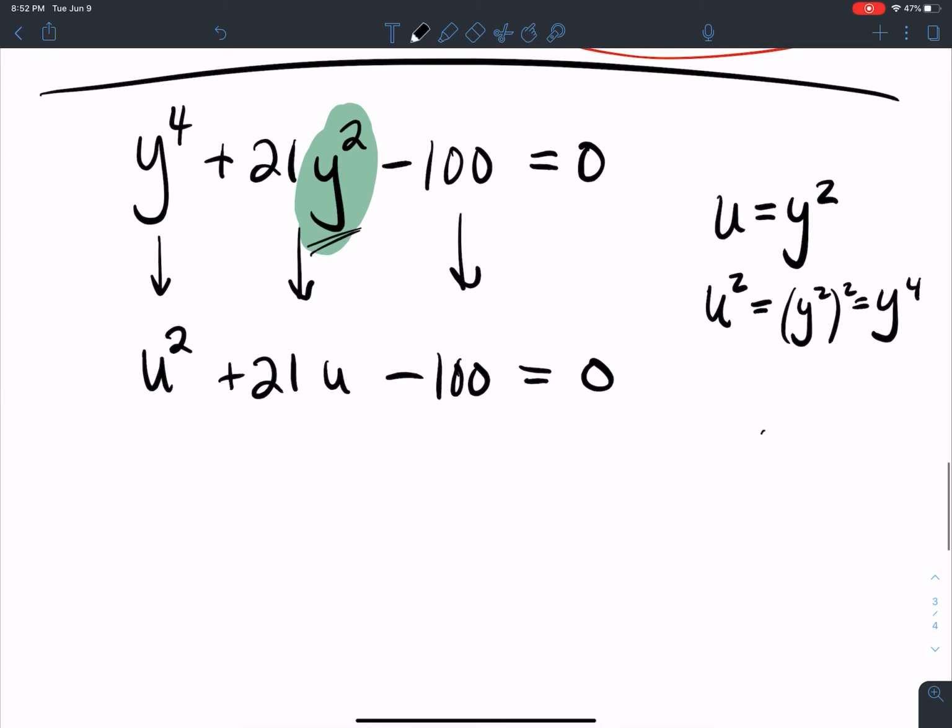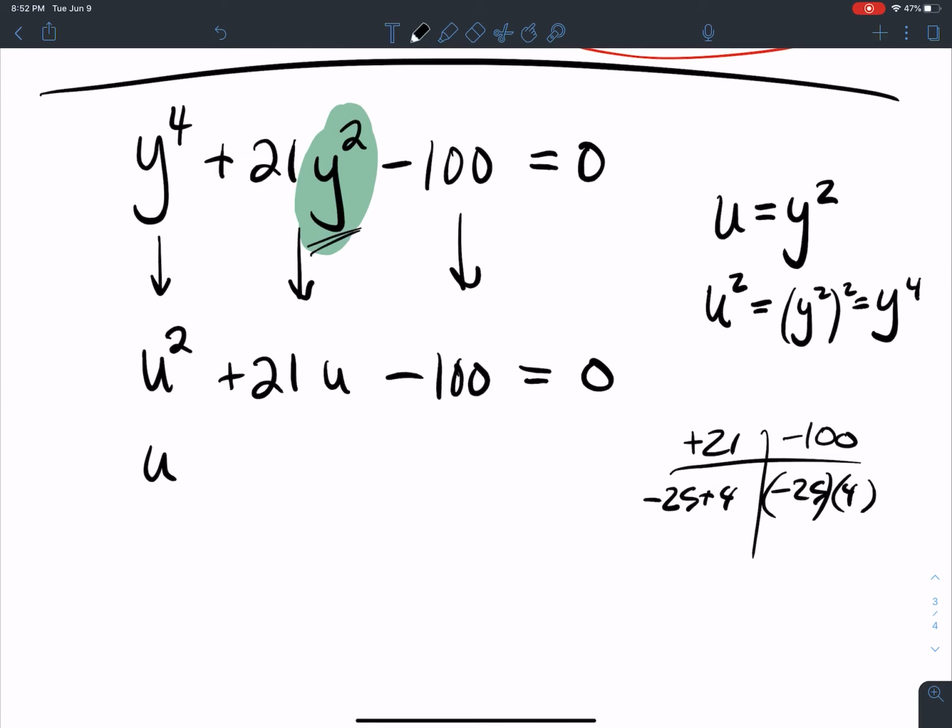And now I can factor with the AC method: multiply to negative 100 and add to 21. Negative 4 and 25, that's negative 100, and it adds to 21. So this is u minus 4 and u plus 25. If you run through the AC method, you can get this.